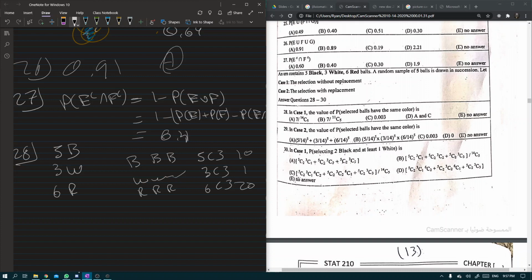Okay, so 31 over. Now in total we have 5 plus 3 plus 6, 14. So 14C3. Okay, now how is it A and C? Give me a minute, I'm trying to solve it.